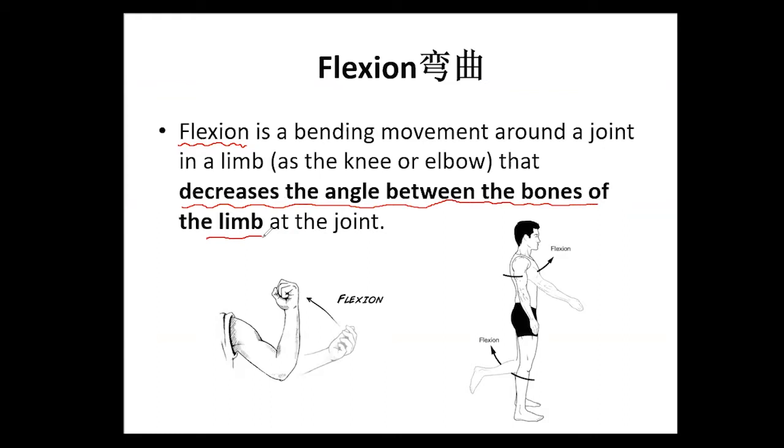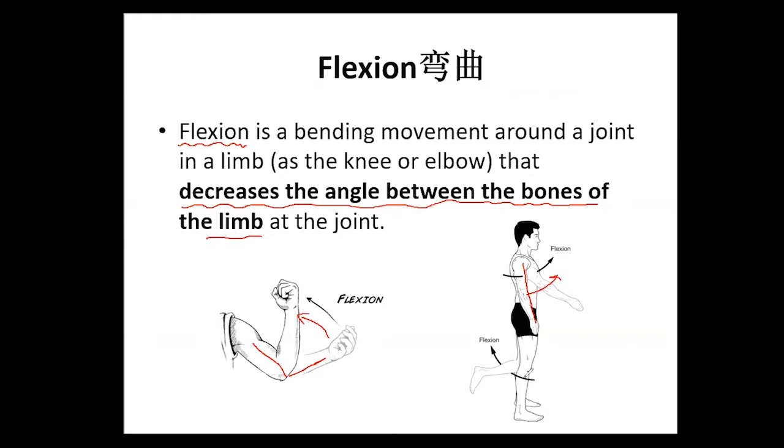The flexion may differ across different parts of the body. Like with the arm here, if they're moving from here to here, we call that flexion. And if we move the whole arm from here to here, we still call it flexion.